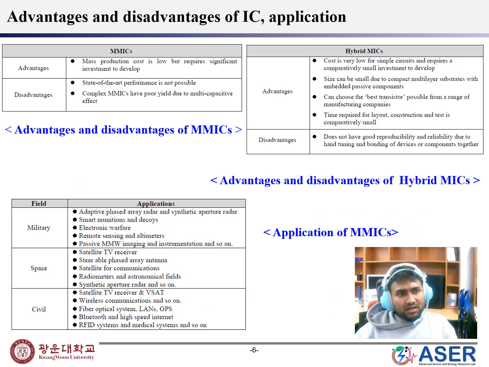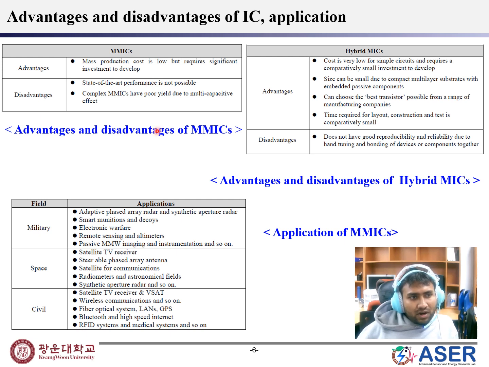Now, advantages and disadvantages of ICs and applications. First of all, here I discuss the advantages and disadvantages of MMIC. Then I will go to hybrid MIC. MMIC advantage: mass production cost is low, but it requires significant investment to develop.